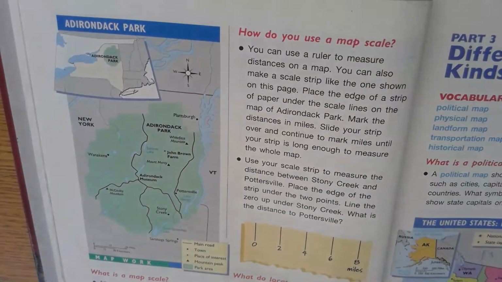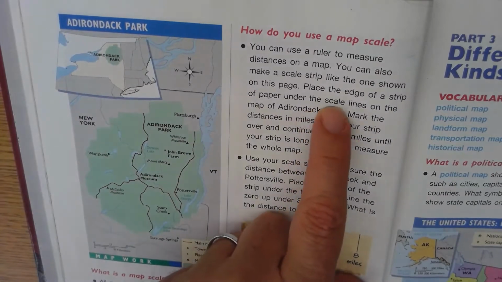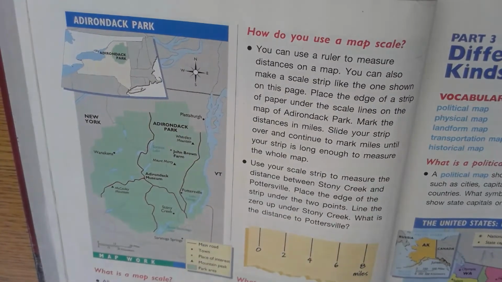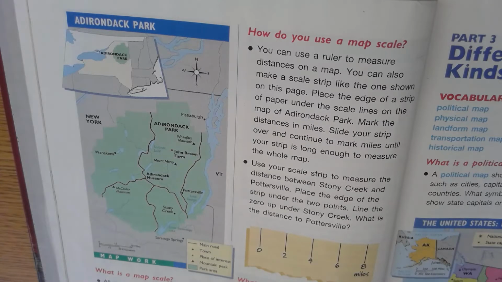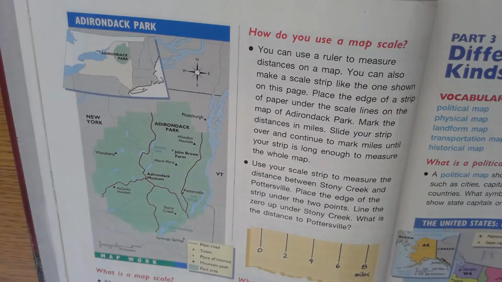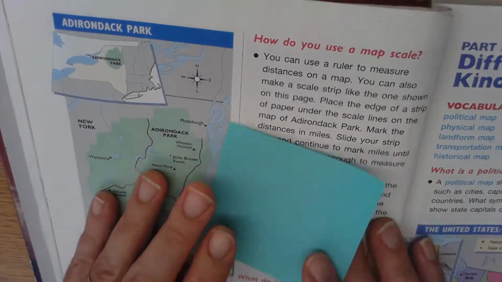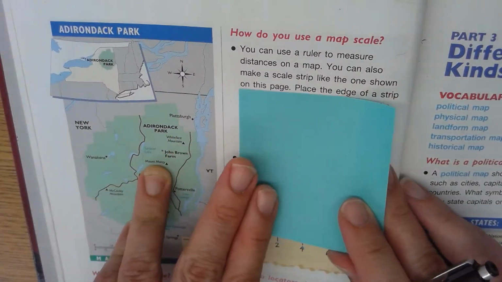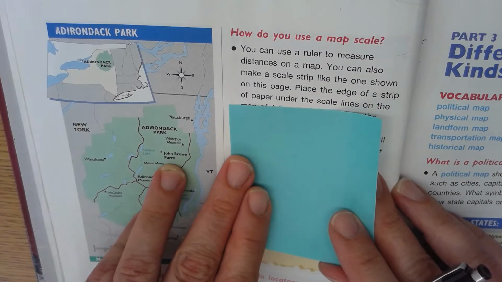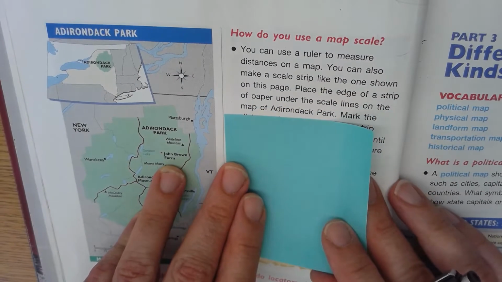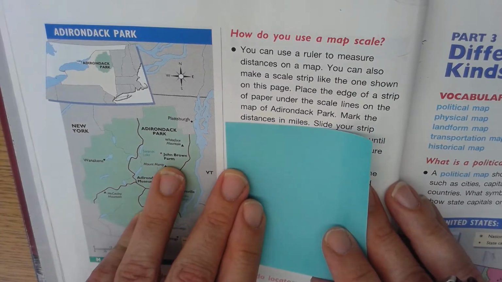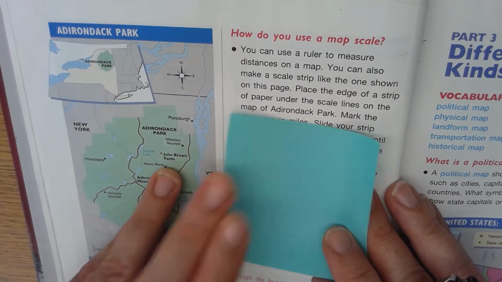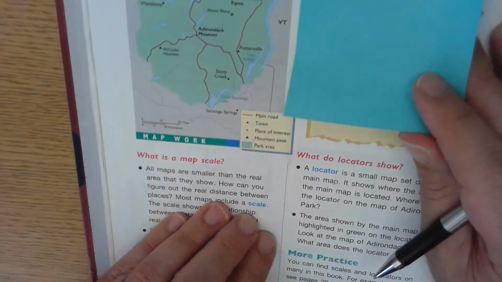So one way is we can place the edge of a strip of paper under the scale. So I'm going to grab a strip of paper. Okay. So it says place the edge of a strip of paper under the scale lines on the map of the Adirondacks. Mark the distance in miles. Alright, so let's just try that.